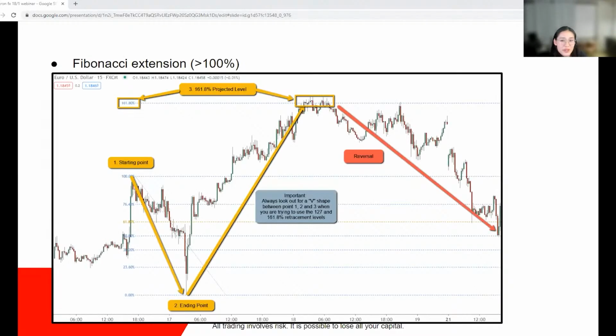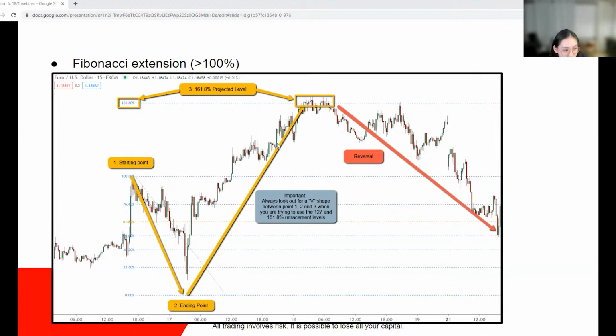Okay, no worries, let me try and explain it again. The 127 level is below the 161 and above the 100. It should be in between this area here. If price hasn't reached the 127 level yet, it's not advisable to go in for the trade at 161 because it hasn't broken the level yet.